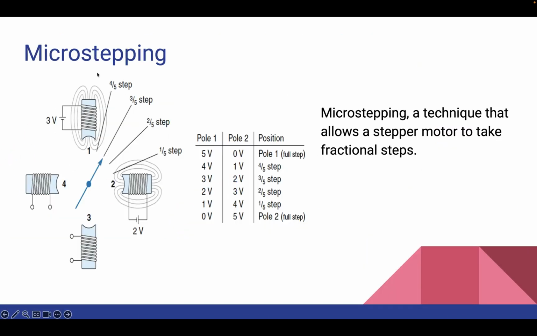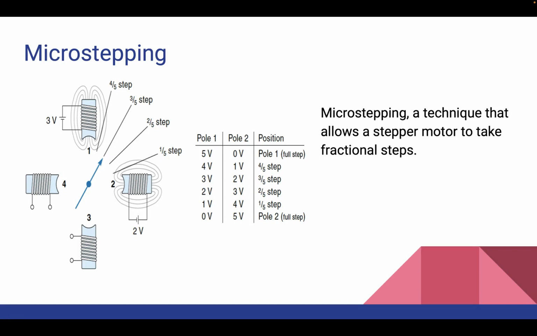Now, next is microstepping. So microstepping involves driving the adjacent poles of a stepper motor with different voltage levels, allowing for a very finer increment of movements compared to traditional full steps. One method to achieve these different voltages is through pulse width modulation, providing a flexible and efficient means of synthesis.